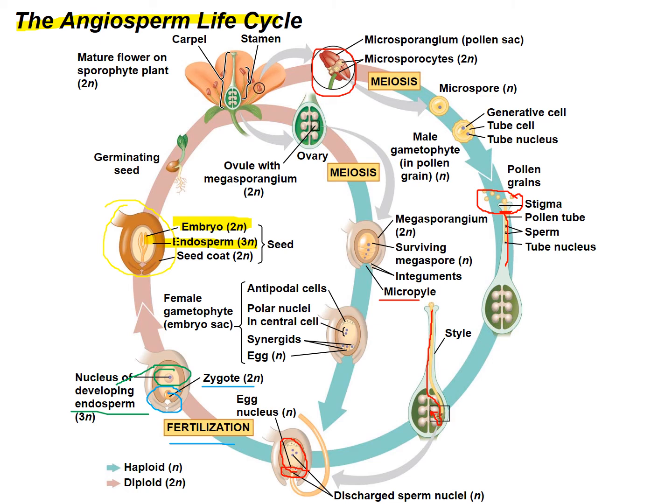The seed coat is derived from the integuments, the outer layers of the ovules, and protects the seeds. Seeds will germinate under proper, or optimal, conditions to give rise to the mature sporophytic plant.